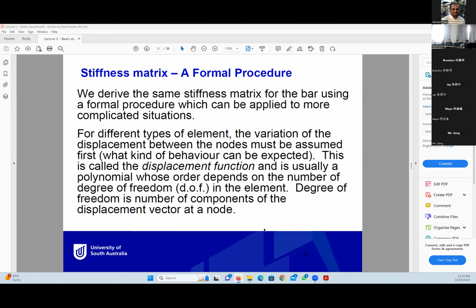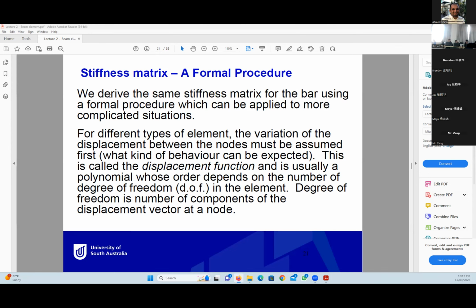At the end, we will get the same result as from the direct method, but this is a formal procedure to get the stiffness matrix for any complicated or uncommon element. For common elements, it gives the same value, so we don't need it too much in our course, but just to know it.